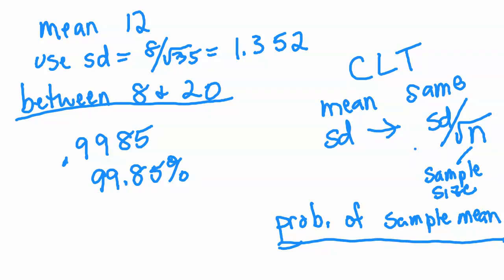And you can use the same calculator, and don't overthink it. This is the only thing different in what we've been doing. You have to divide by the square root of n. Okay, and that basically covers everything on your assignment.